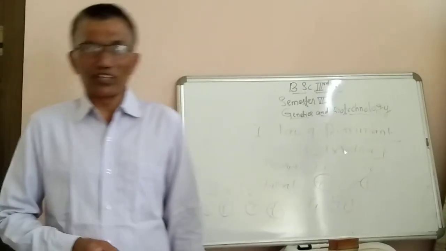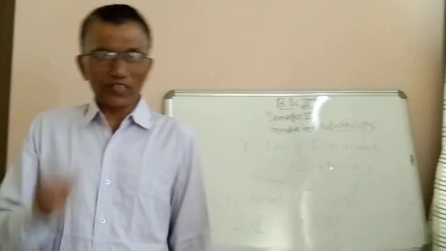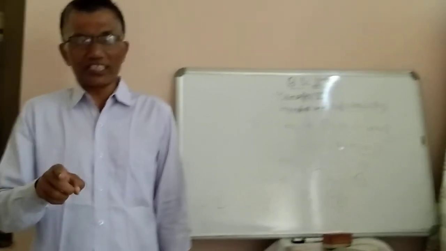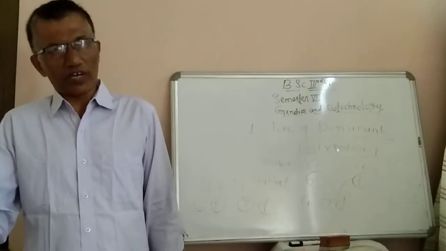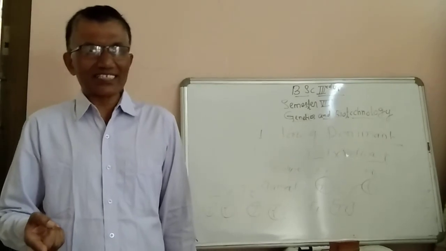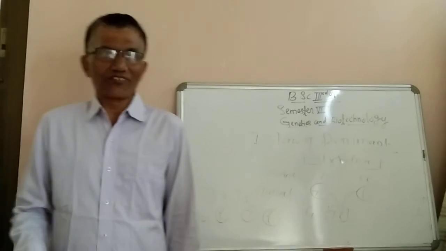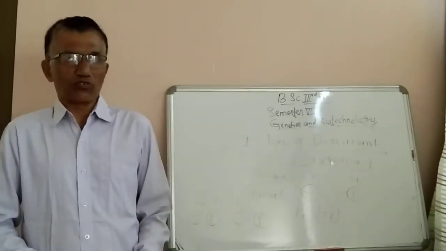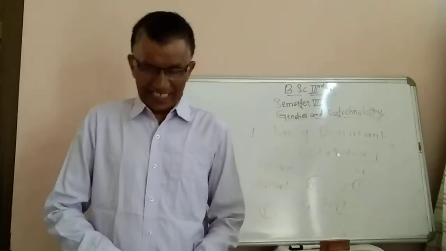So the genotypic ratio of the monohybrid cross is 1:2:1, and the phenotypic ratio of the monohybrid cross is 3:1. With the help of the monohybrid cross, you can explain the law of dominance and the law of segregation.